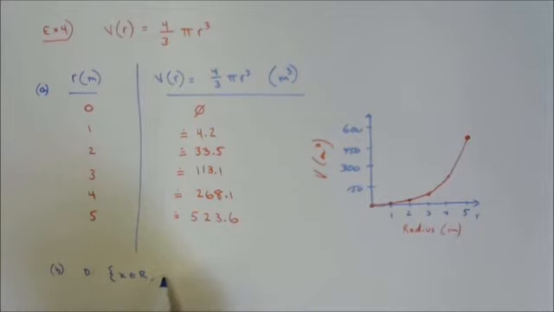So 0 is less than or equal to x, which is less than or equal to 5. Another way to write that, r belongs to the set of numbers, interval notation, from 0 to 5 inclusive.